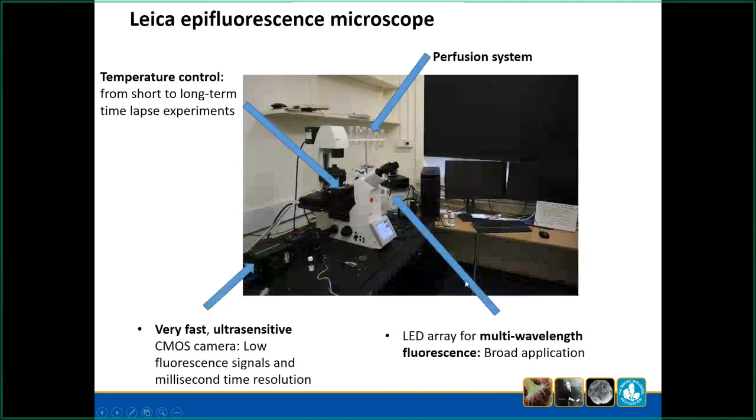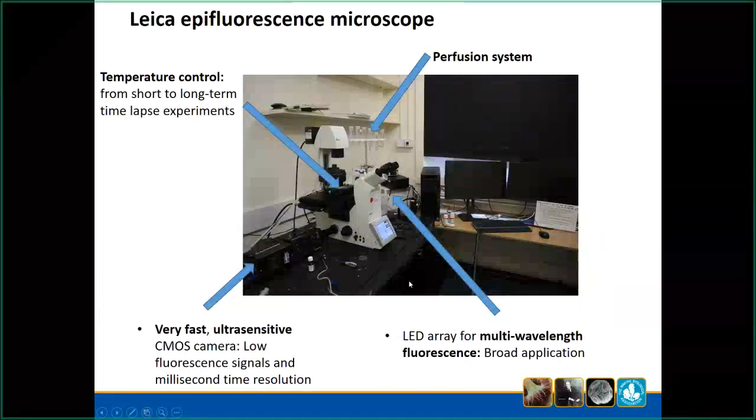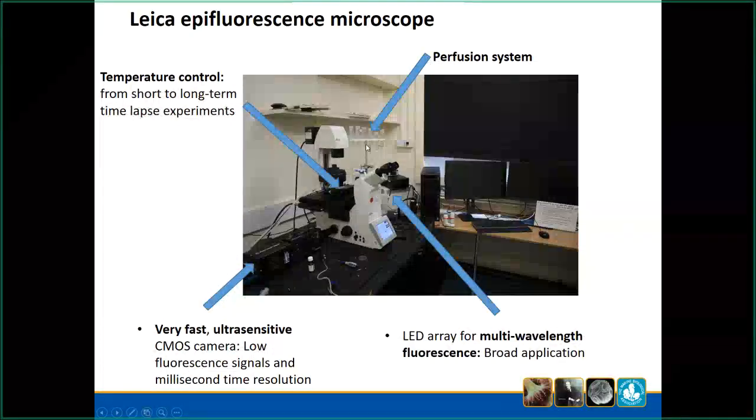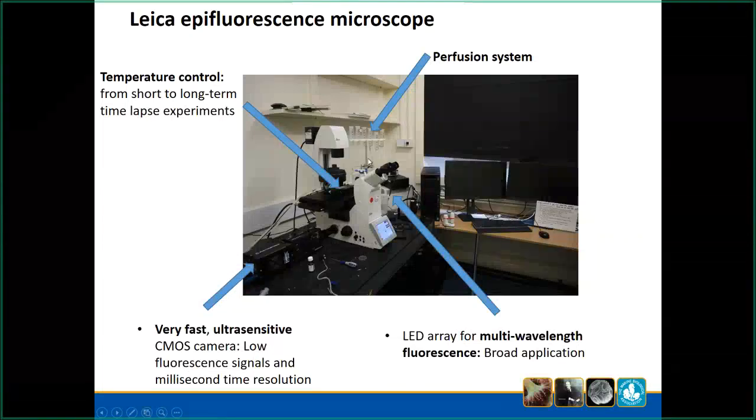So our workhorse fluorescence microscope is this Leica epifluorescence microscope. It's a very, very good microscope. It's equipped with temperature control on the stage. So that means we can do short and long-term time-lapse experiments. It's equipped with a perfusion system, so you can change the medium around the cells.